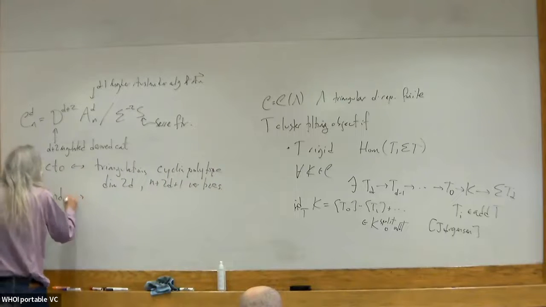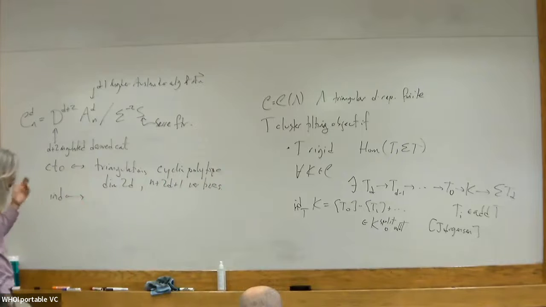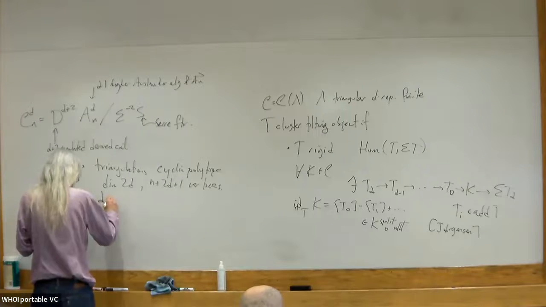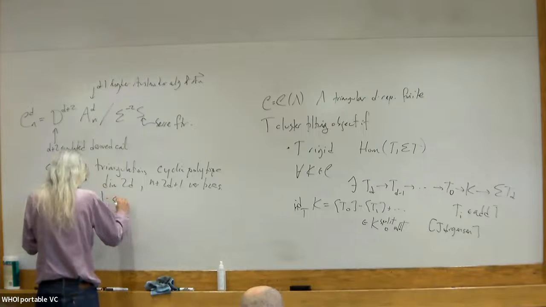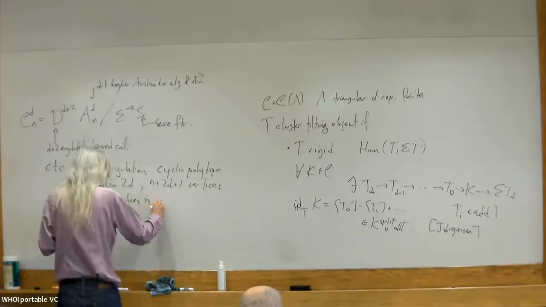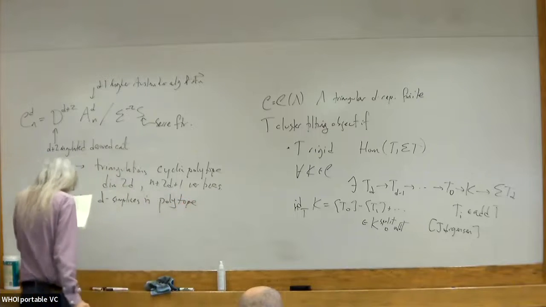Perhaps unexpectedly, what the indecomposable objects correspond to, well, in the d equals 1 case, they correspond to the edges of the triangulation. And what those turn out to correspond to is the d-dimensional simplices in the interior of the polytope.